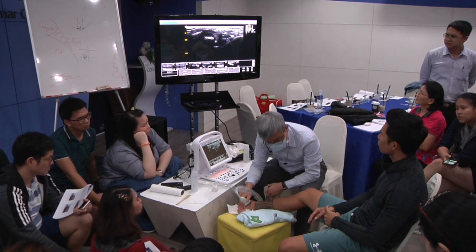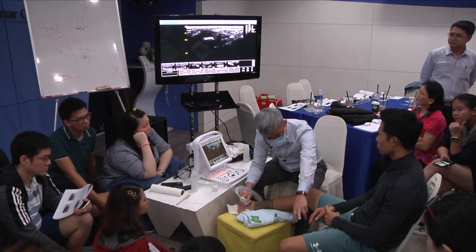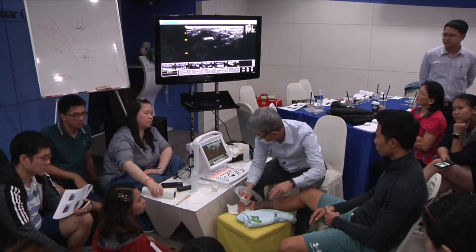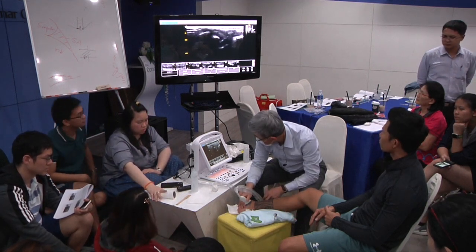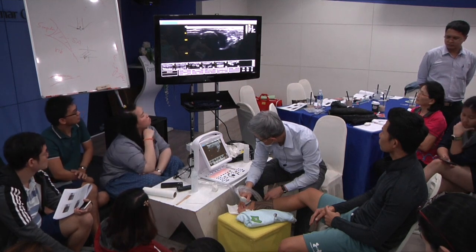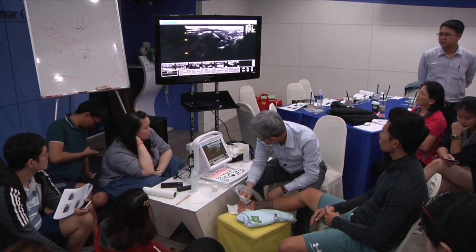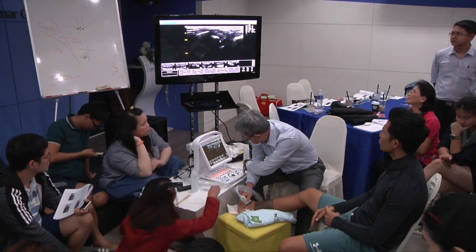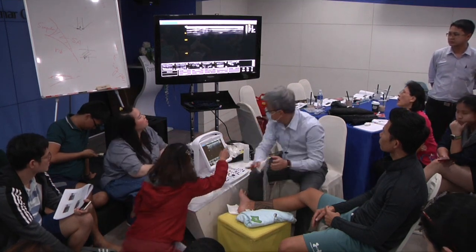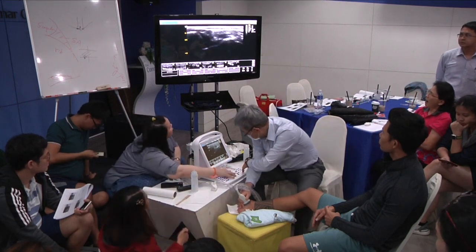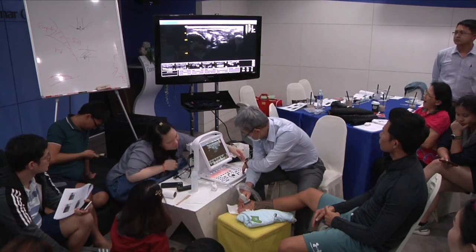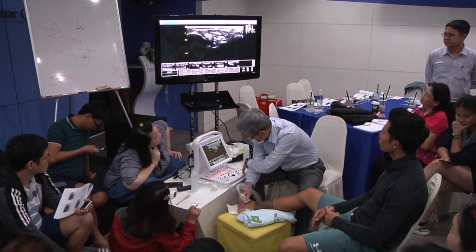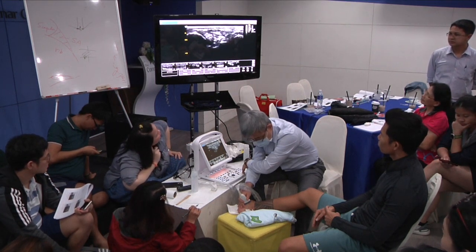Okay, so I check this left leg, right, for the tibialis posterior. If we move to see... It's okay in this view, but there is a small gap.